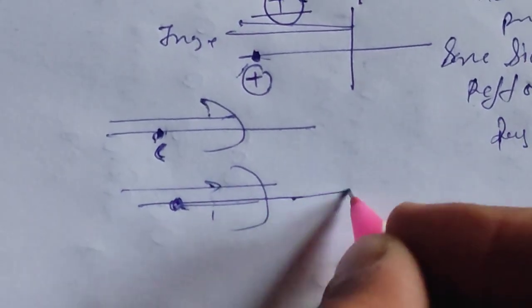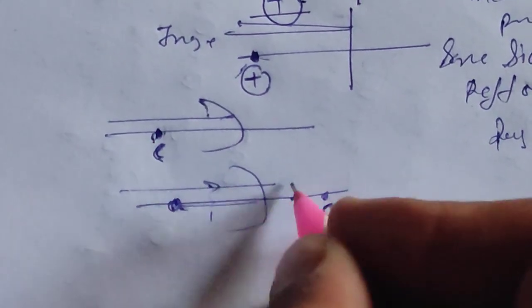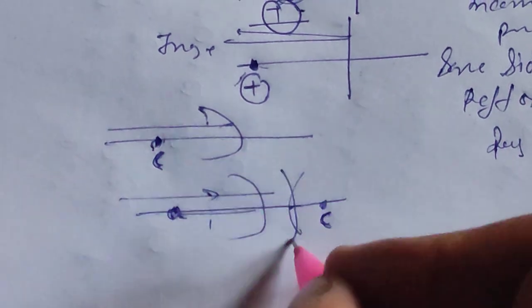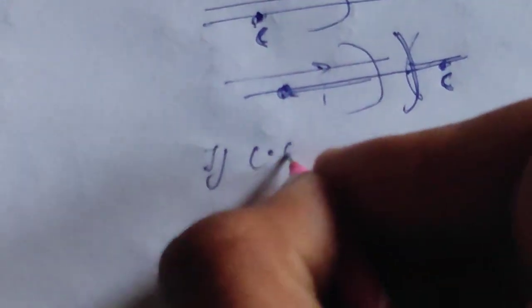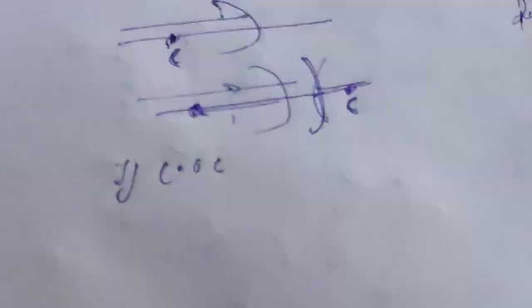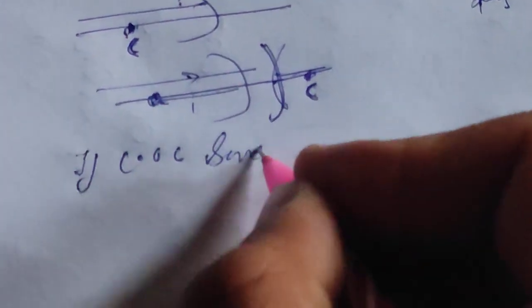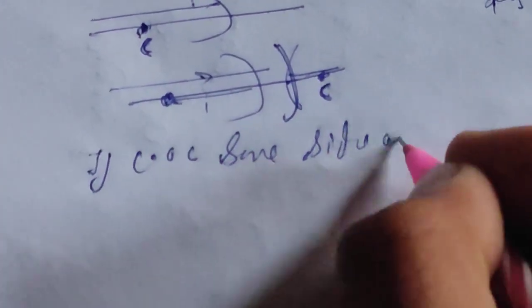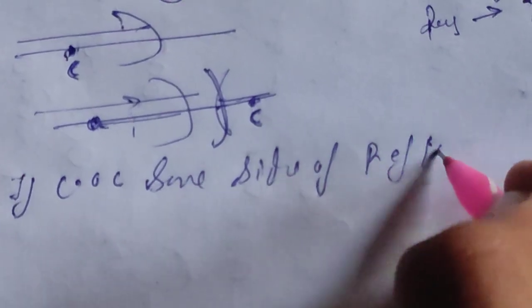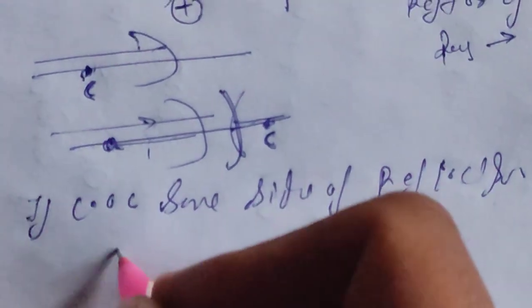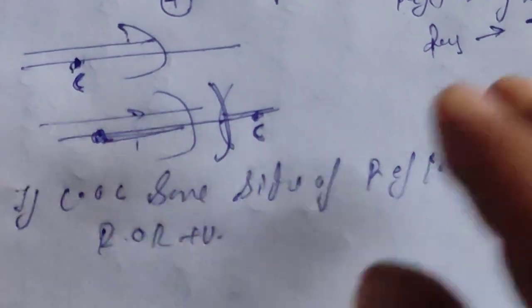And if the center of curvature is outside of this surface, like in convex, in that case the radius of curvature becomes negative. Means what I am saying: if the center of curvature is on the same side of the reflective surface, the radius of curvature is positive, otherwise negative.